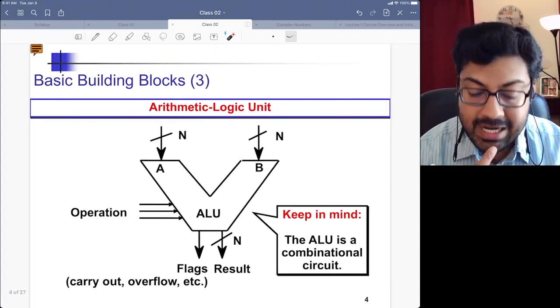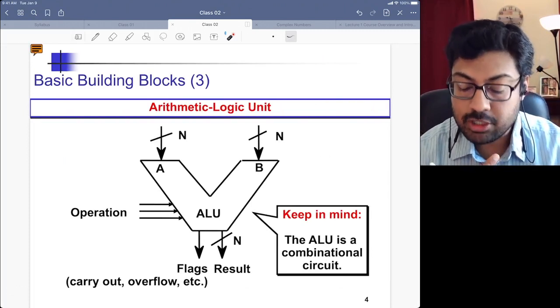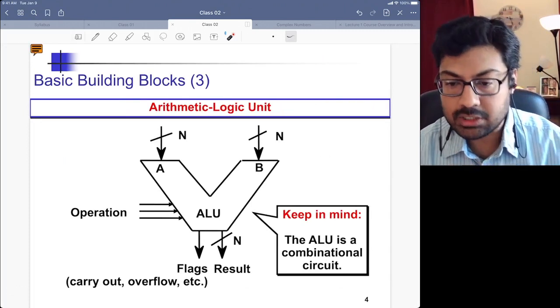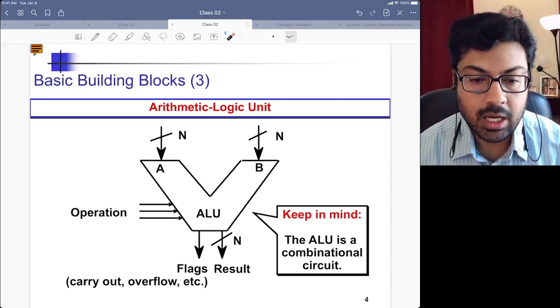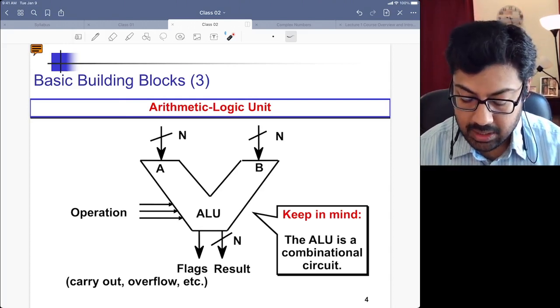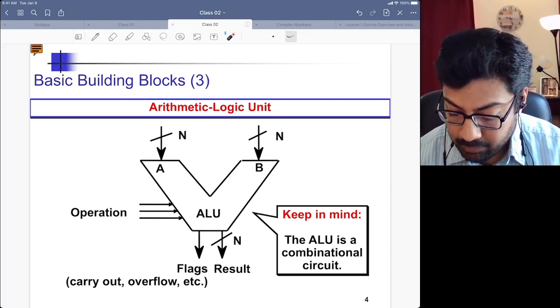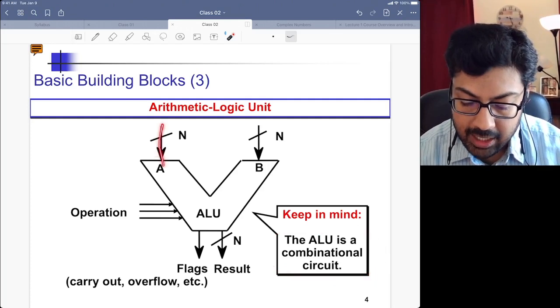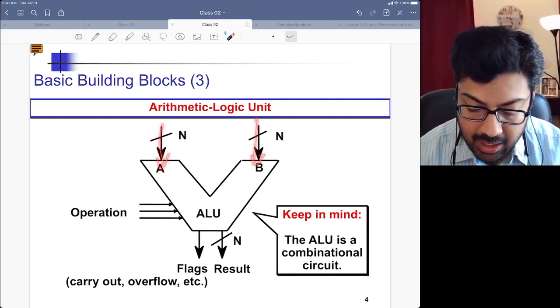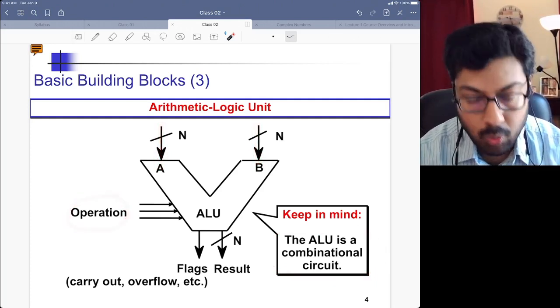The next building block is your ALU, arithmetic logic unit. So sort of the workhorse in your computer architecture. Now, an ALU is a combinational circuit. There's no feedback. It takes input, depending on the opcode.